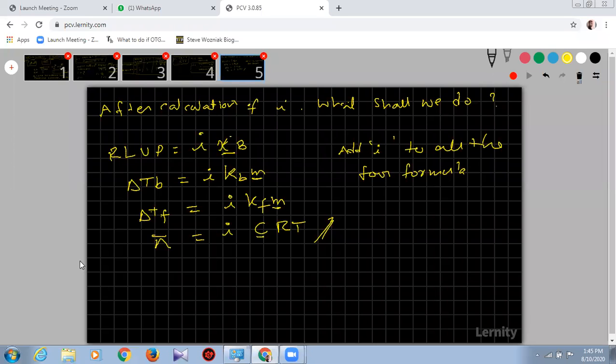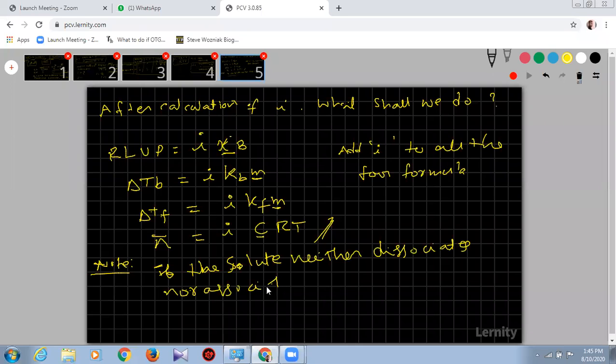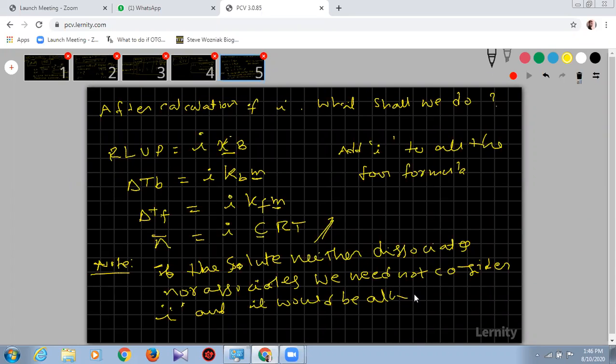I would like to note that if the solute neither dissociates nor associates, we need not consider i, and it would always be 1.